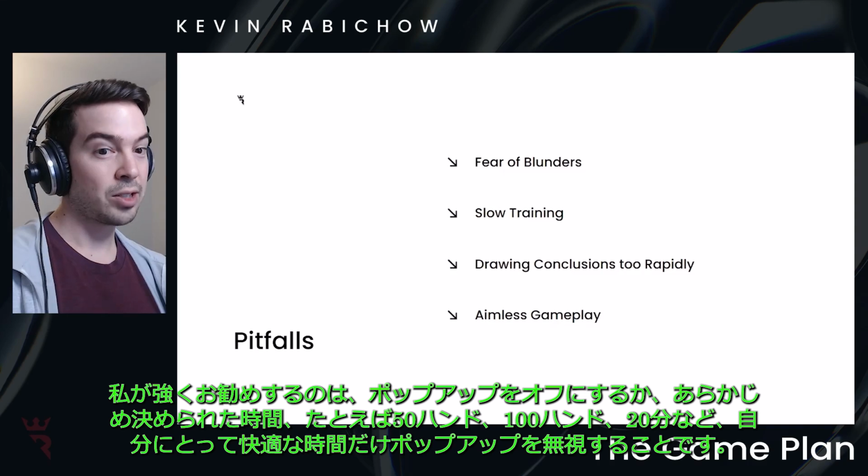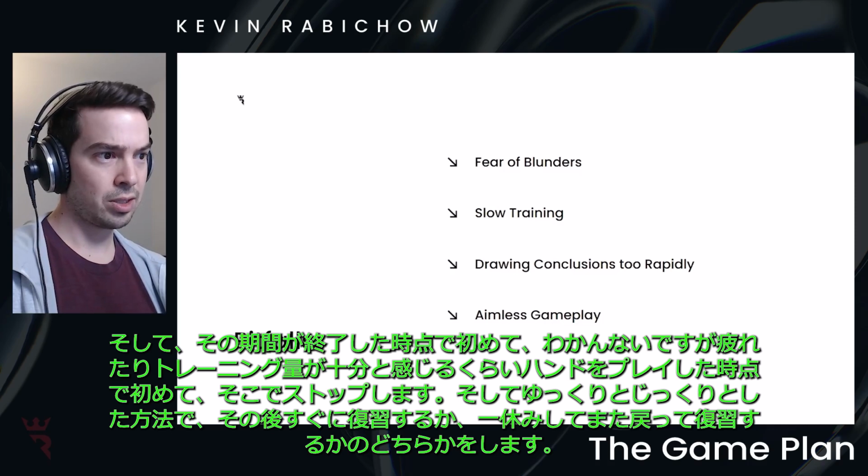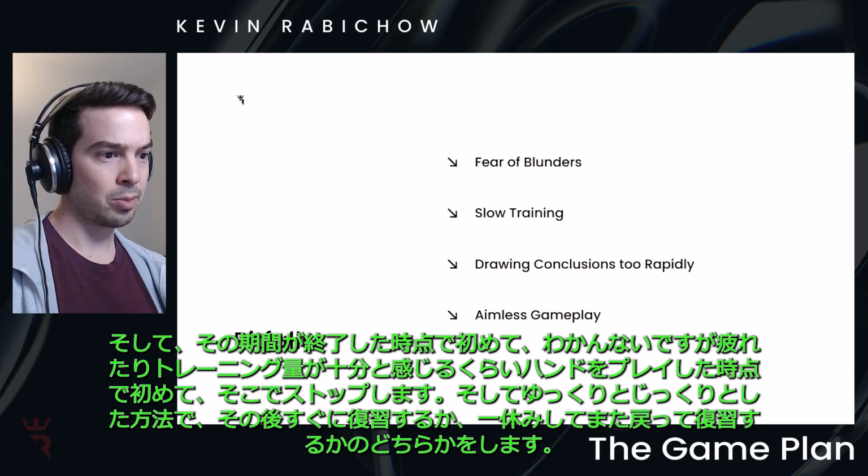So what I strongly recommend is maybe to turn off the pop-up or just to ignore the pop-up for some predetermined period of time. Let's say 50 hands, 100 hands, 20 minutes, whatever's comfortable for you. You can toy around with the specifics. And only once that duration has completed, once you've played enough hands for you to feel exhausted or just comfortable with how much training you've done, now we stop and we either review immediately afterwards or we take a break and then come back and review in a slower way, in a deliberate way.